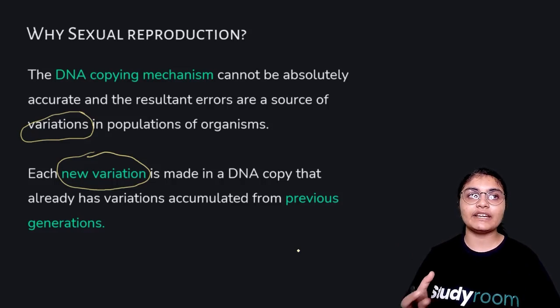For example, to see how a species survives due to variations, you might have seen mosquitoes. You see that new mosquito repellents are produced every now and then. Why is it so? This is because the mosquitoes are getting resistant to the previous mosquito repellents, and that is why we need to produce new repellents which will kill the new variants of that mosquito.